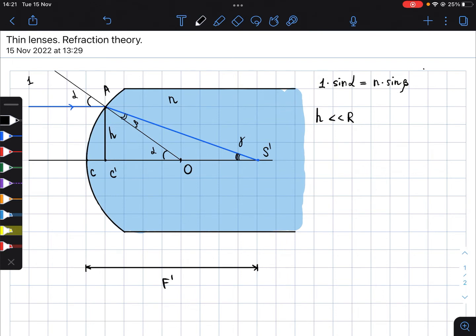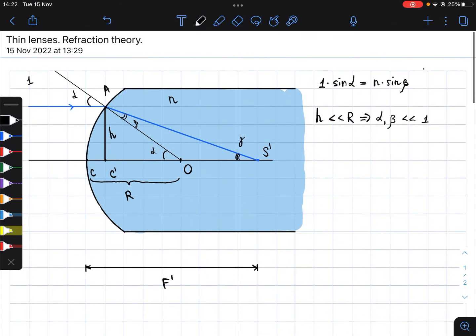The radius of curvature is this distance, this distance equal to r. So if h is much smaller than the radius, our angles alpha and beta will be much smaller than 1.